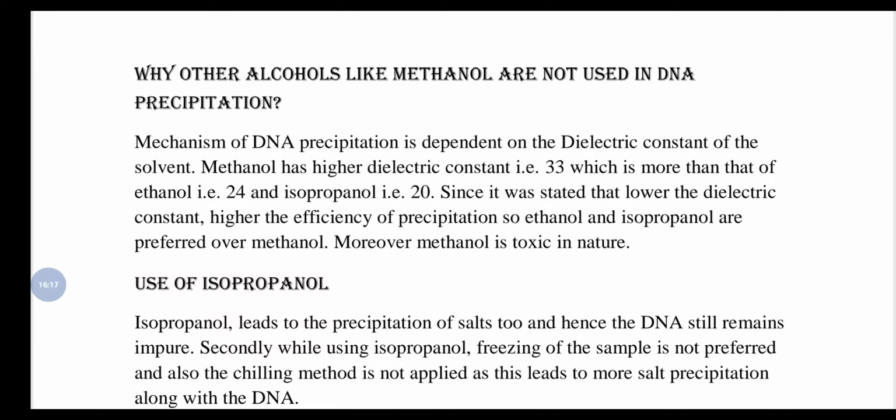Though you can do that, the yield will not be that suitable. The second thing is that methanol is quite toxic in nature, which is why we don't generally use it. Moreover, its boiling point is very low, and the boiling points of ethanol and isopropanol are higher than that of methanol. So these two alcohols are safer for use in DNA precipitation.